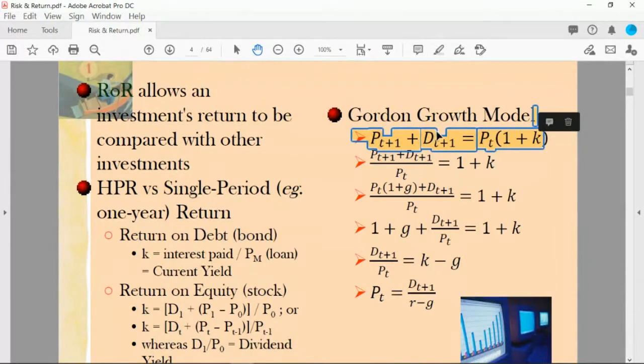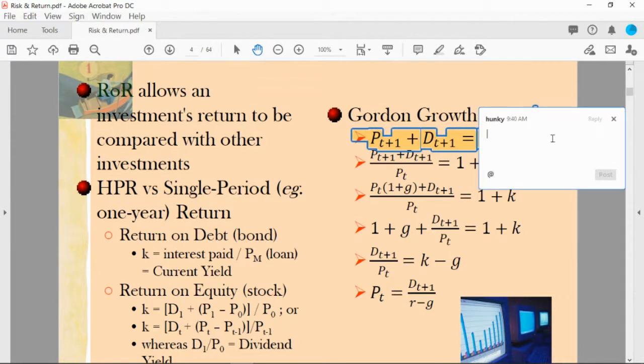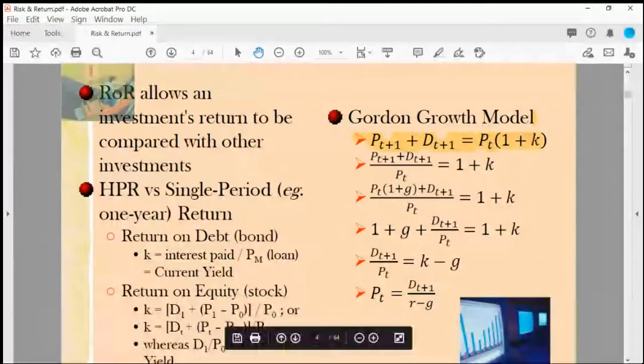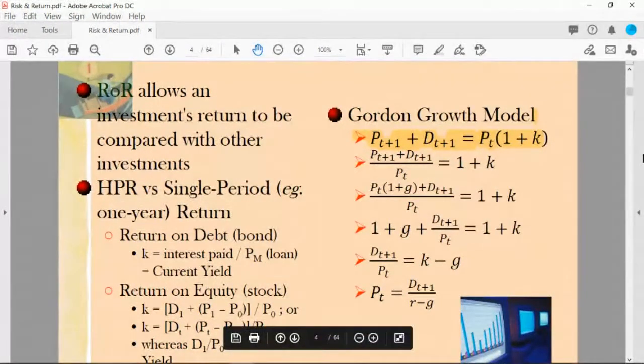In the future, you will have only PT plus 1. And the only reason that on the left-hand side you have dividend at time t plus 1 is because we have K here. In other words, that's the difference between the return and just the growth rate.